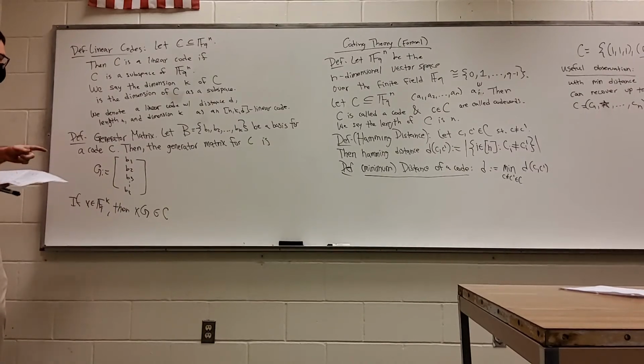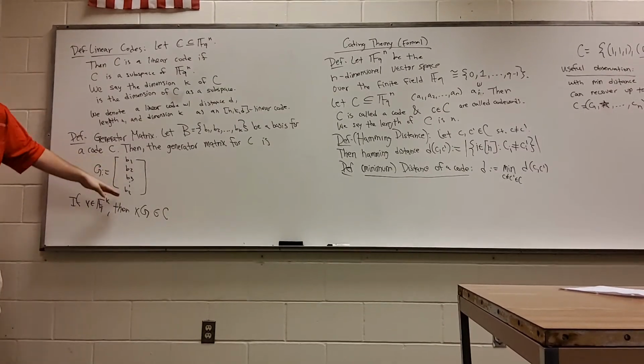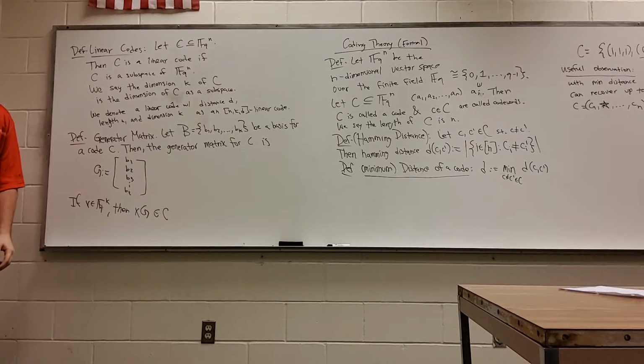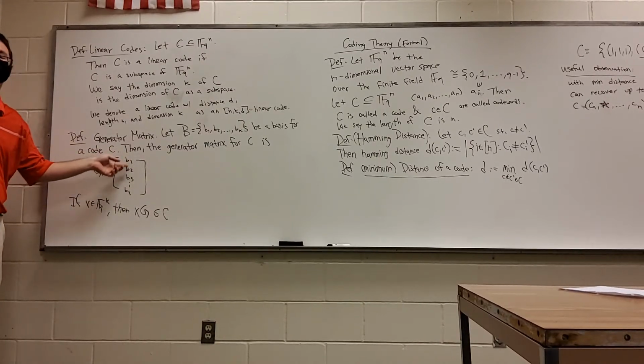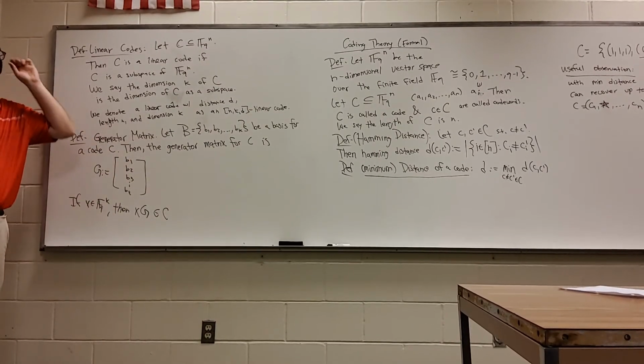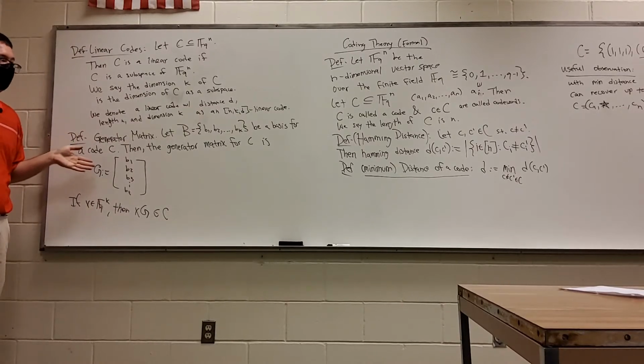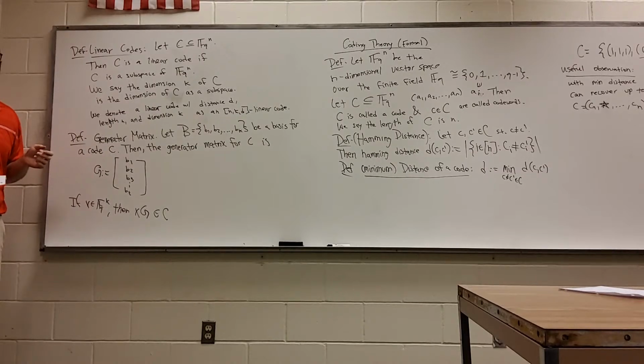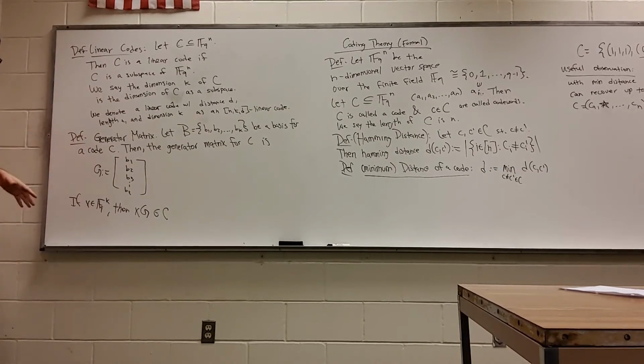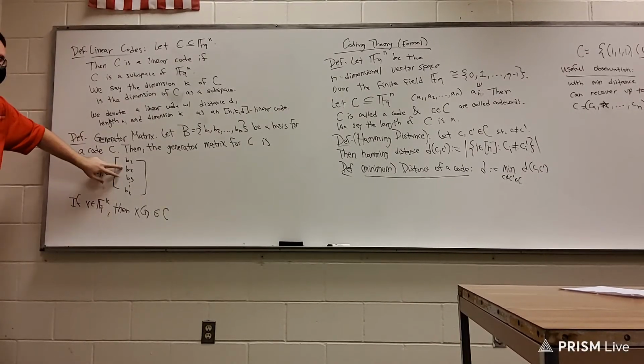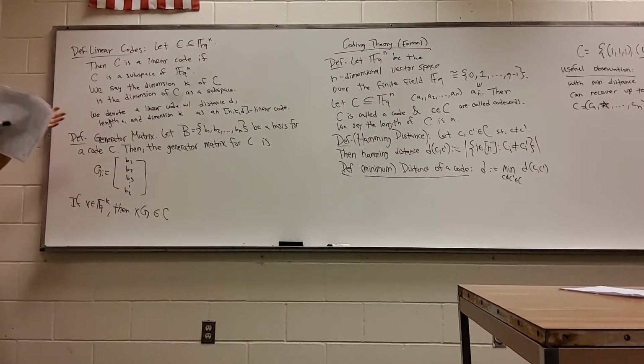One other thing is the generator matrix for a given code depends on our choice of basis. And so you can get the exact same code if you used a different basis. So what that means as well is for any generator matrix and any change of basis matrix, if you multiply them together, you will generate the exact same code.